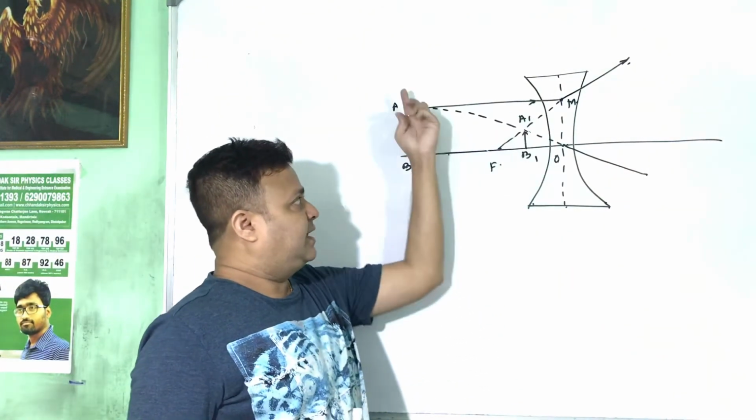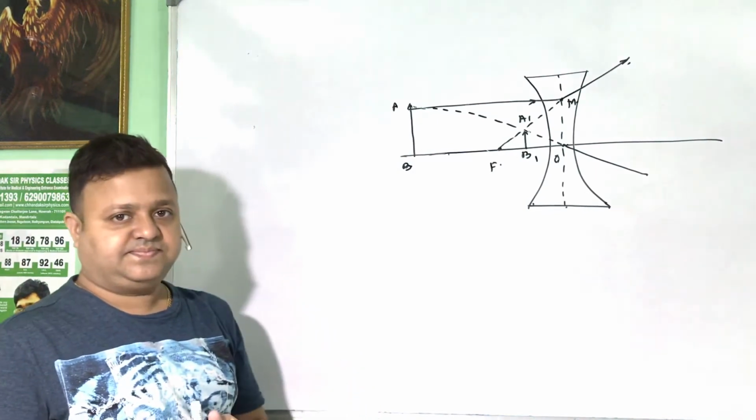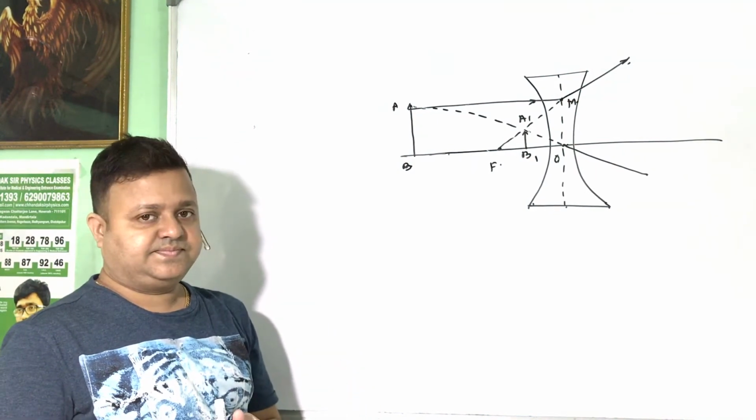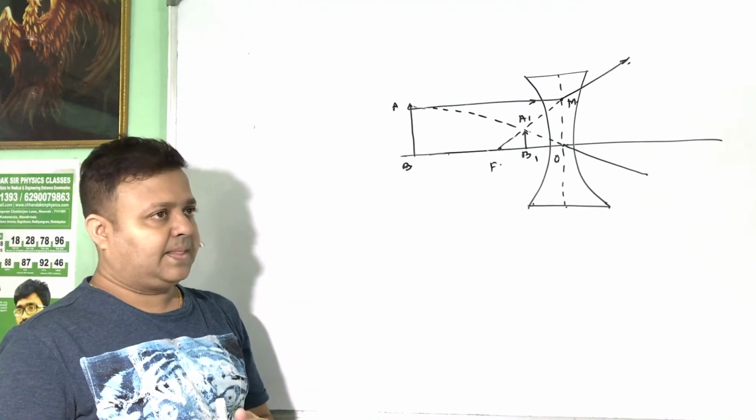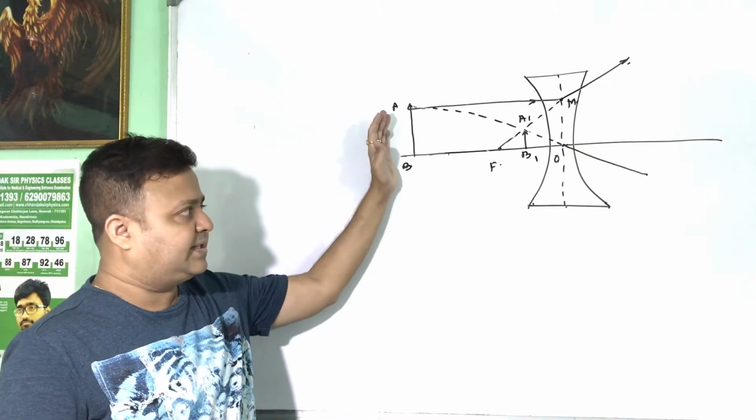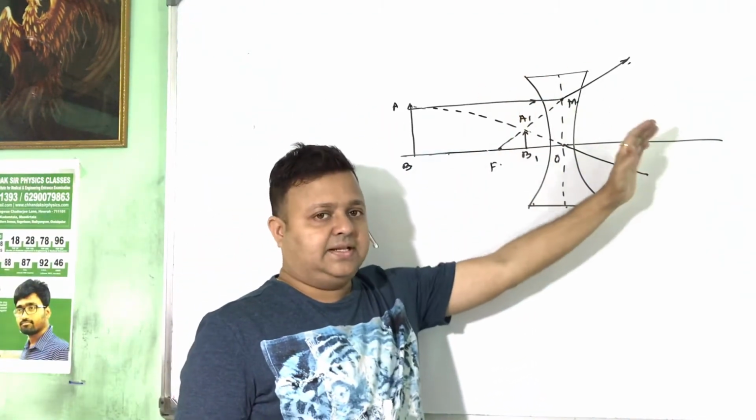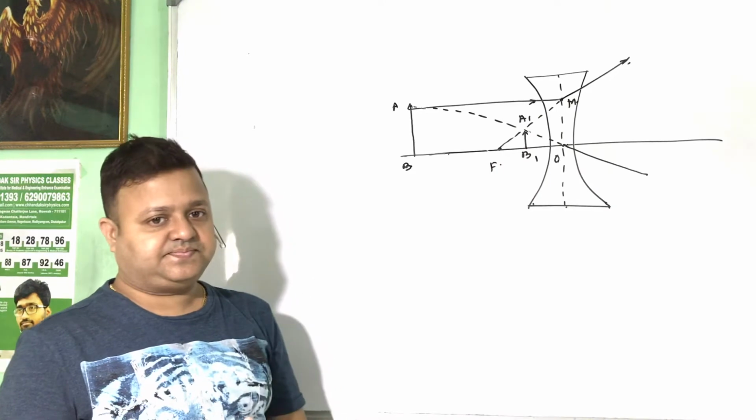It will give the image of the object AB. Object is placed in left hand side, so positive x axis plus, negative x axis minus.